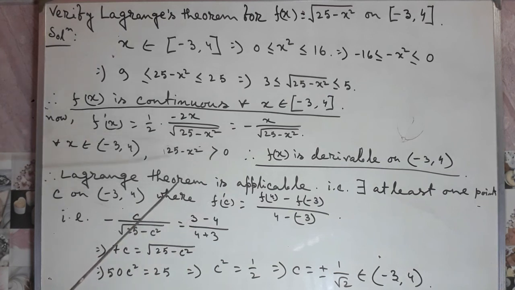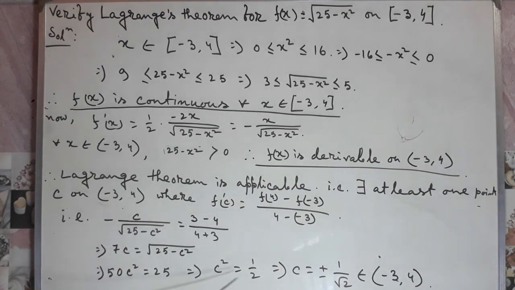As Lagrange theorem is applicable, there exists at least one point c in this open interval minus 3 comma 4 where f dash c is equal to f of b minus f of a by b minus a. Here b is 4 and a is minus 3. Now what is f dash c? Putting x is equal to c, we get f dash c, that is minus c by root over of 25 minus c square, equal to this.